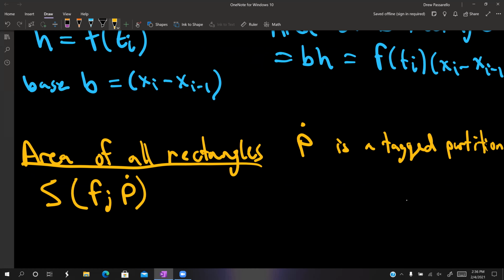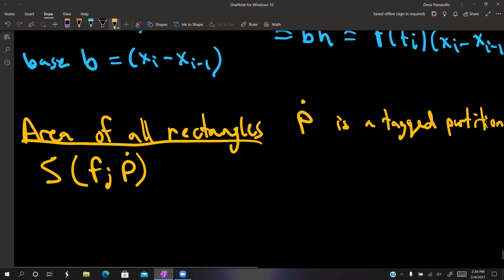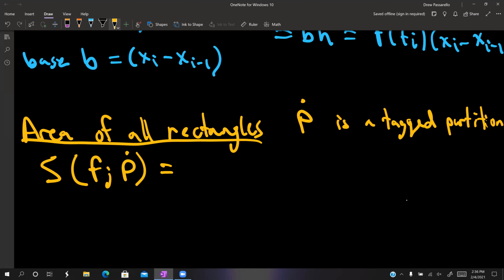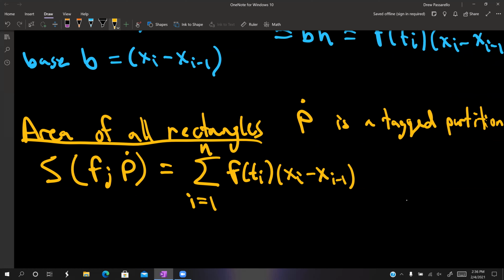So you partition the interval, you pick your tags. This notation represents the sum from i equals 1 to n of the base times the height of the rectangle. So it'd be f of ti for the height times xi minus x subscript i minus 1. That's going to give you the area of the rectangles.